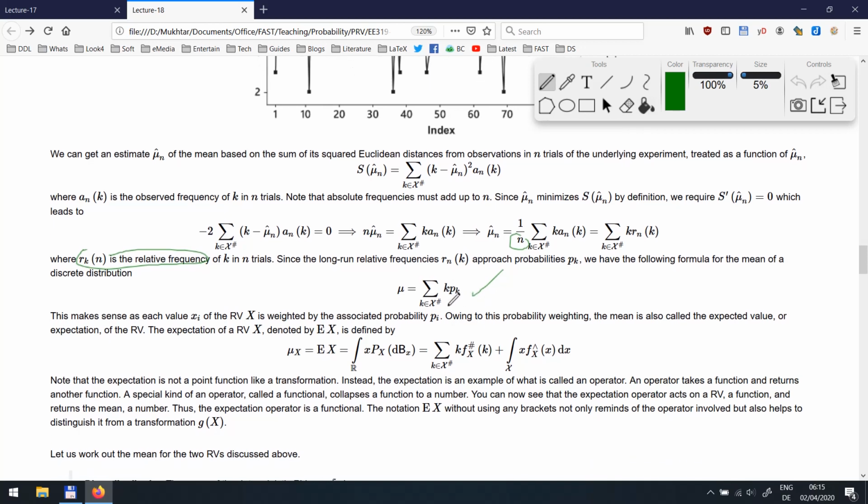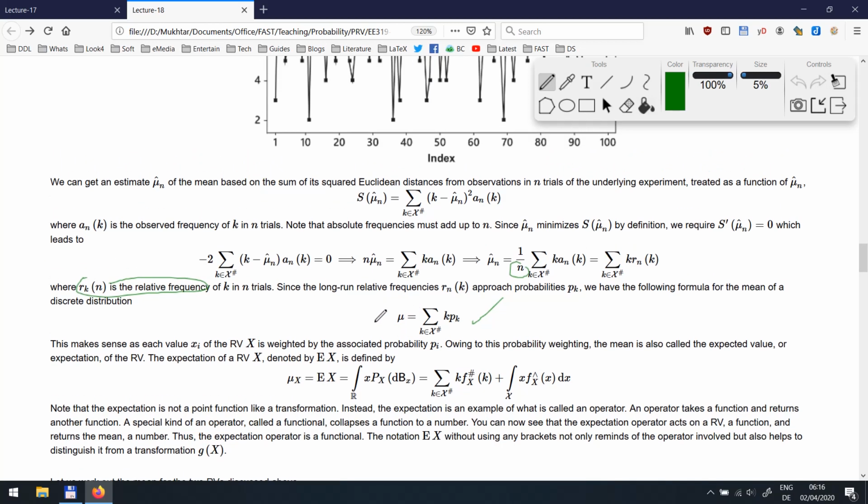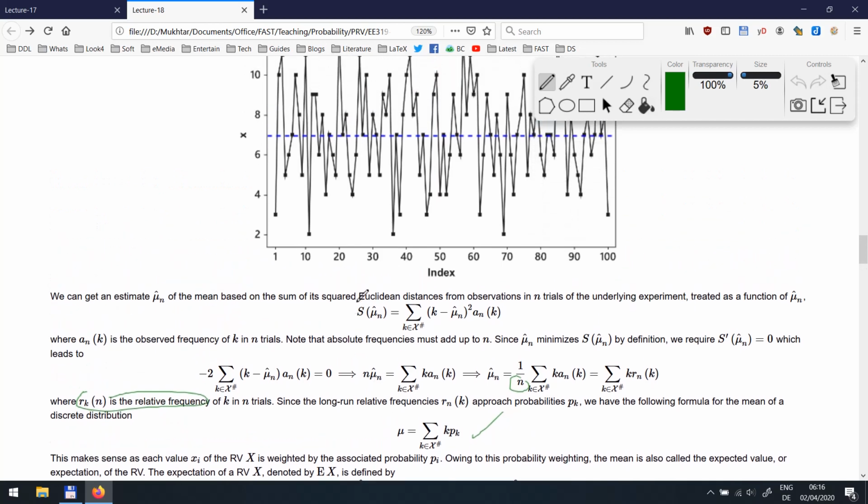So remember, it is not enough to say that I have to take the arithmetic mean, because arithmetic mean can have many different contexts. This is called expectation or mean value of the random variable, and this has a specific interpretation.